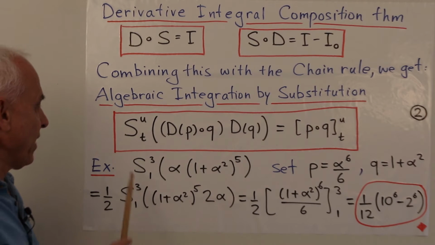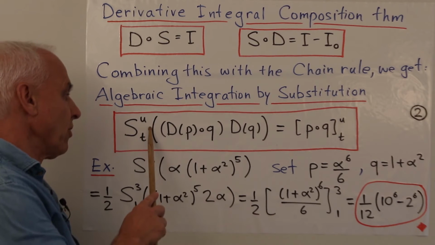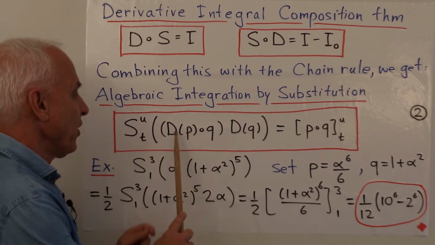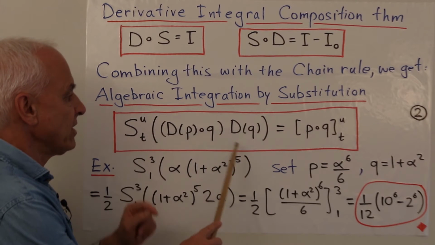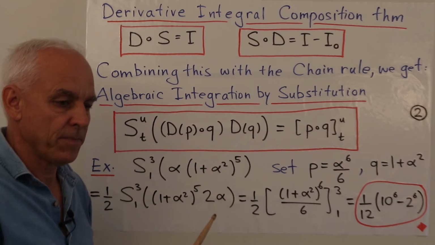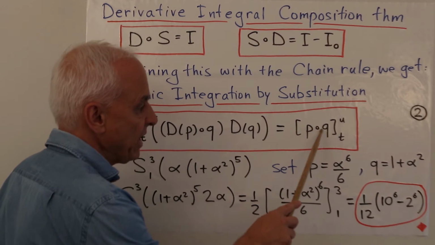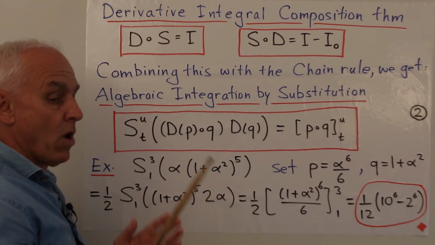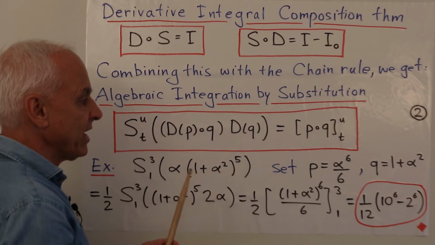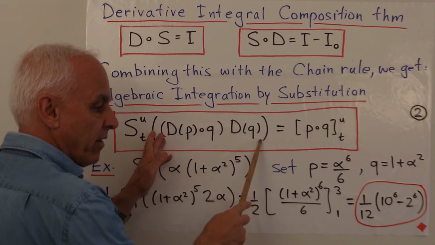Here it is. The Faulhaber integral, capital S, from t to u of the derivative of p composed with q times the derivative of q, that equals the composition p circle q evaluated from t to u. And why is that? Well, because the chain rule tells us that the derivative of this is exactly what's inside here.